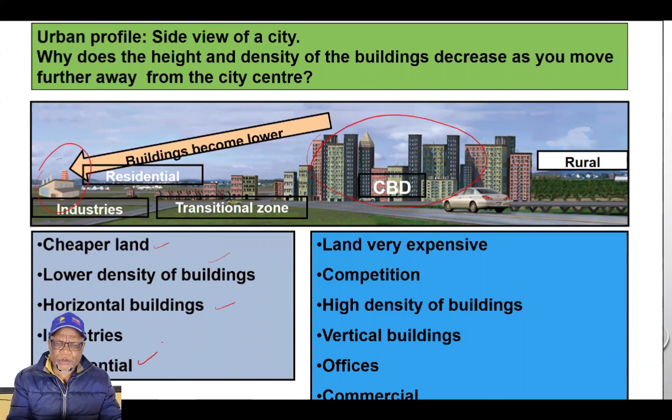Then between your CBD and your industrial and residential areas, you'll also have what we call the transitional zone. The transitional zone is sometimes called the zone of decay. What do you get in the zone of decay? You get high land value.